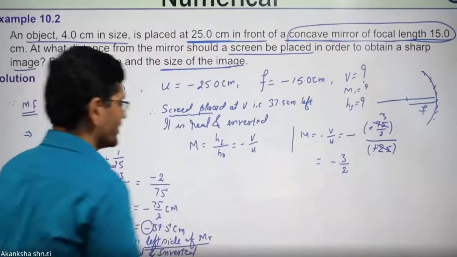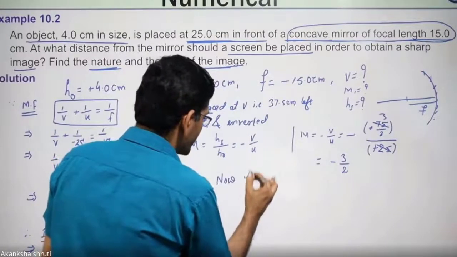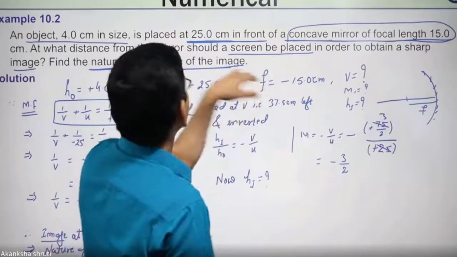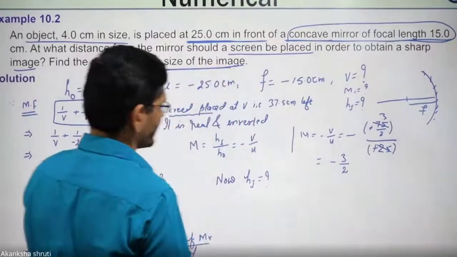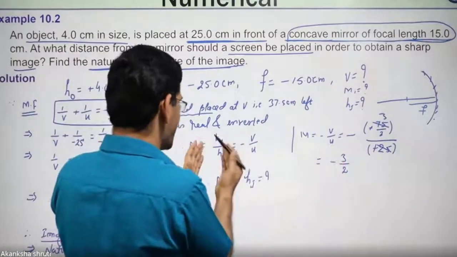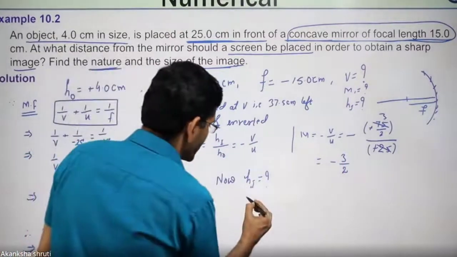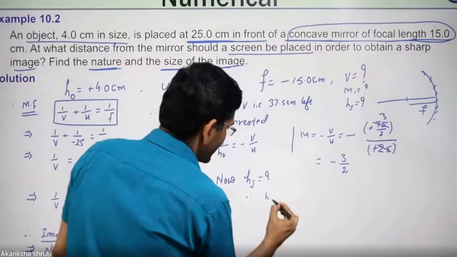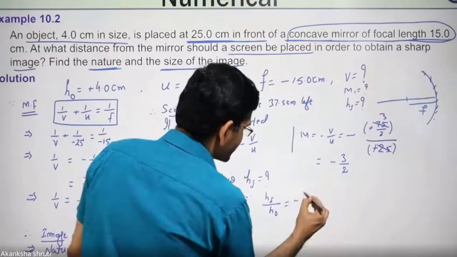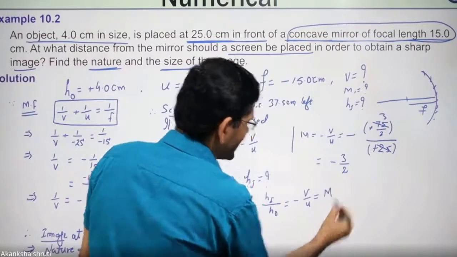So it is justified. Now we want to calculate the height of image. See, here it is asked the size of image, means height of image. Student, this magnification is same as hi by ho. So you may write, since hi by ho is same as minus of v by u, or the magnification itself.